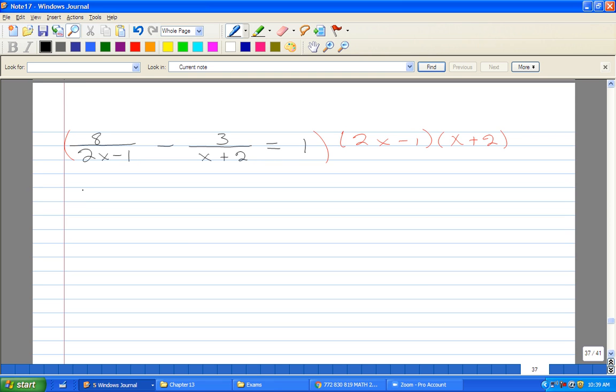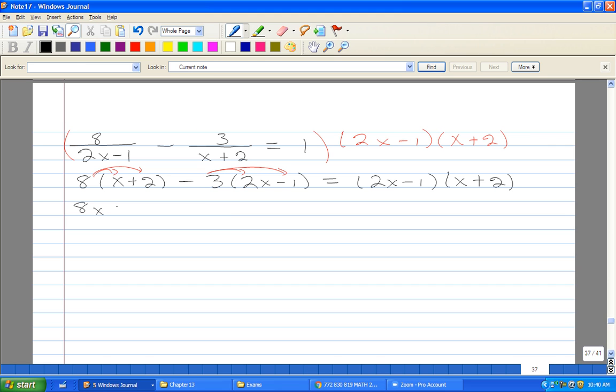So you just get 8 times x plus 2 minus the x plus 2's cancel. So you just get 2 times 2x minus 1 equals, well, let's multiply the 2x minus 1 times x plus 2.